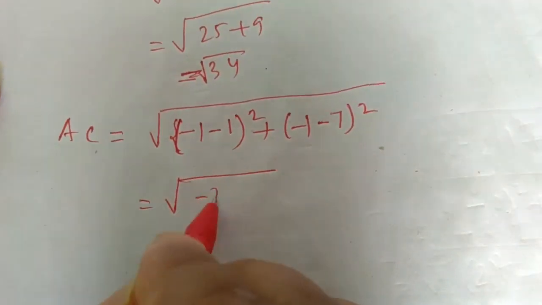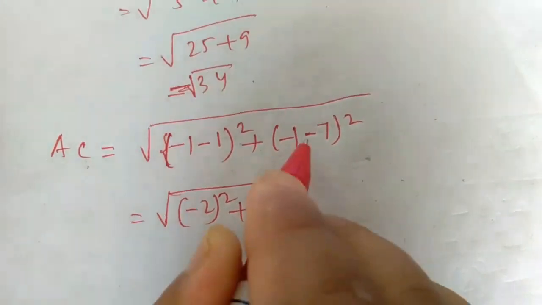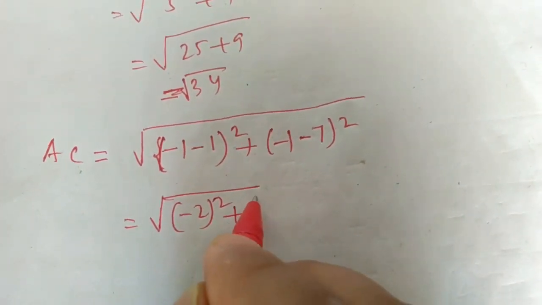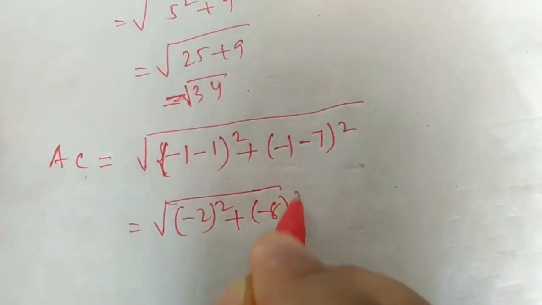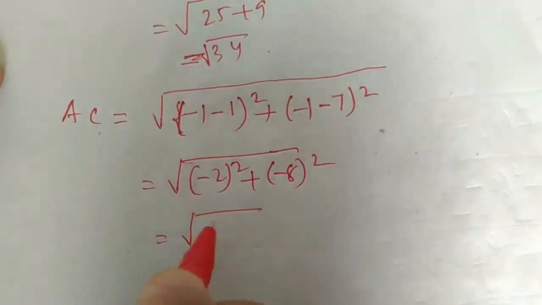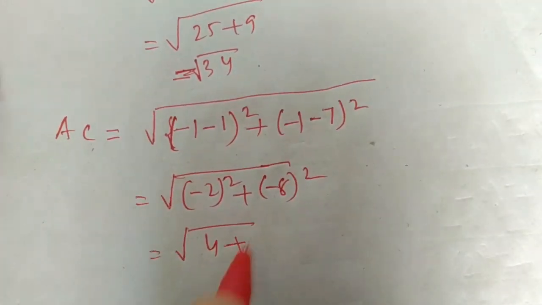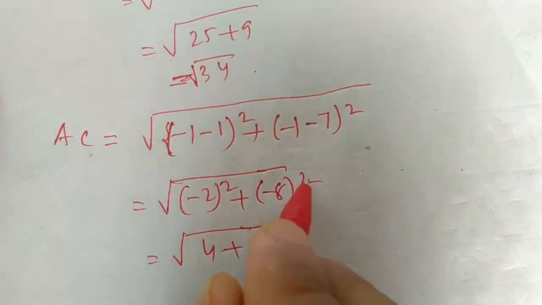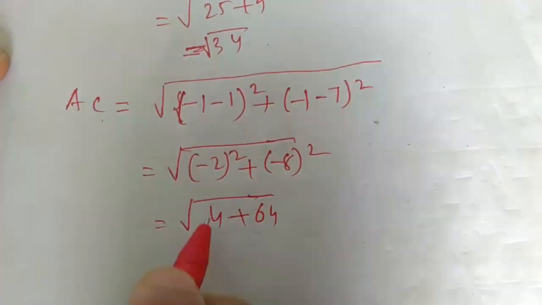Both are negative, add, minus 2 square, and you get minus 8. 2 2s are 4, power even so positive, 8 8 is 64, power even so positive.